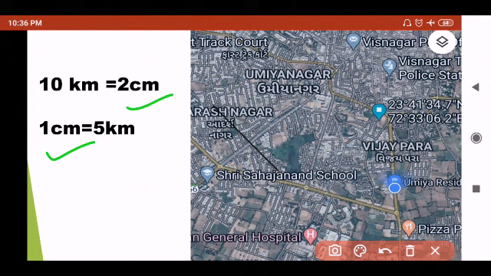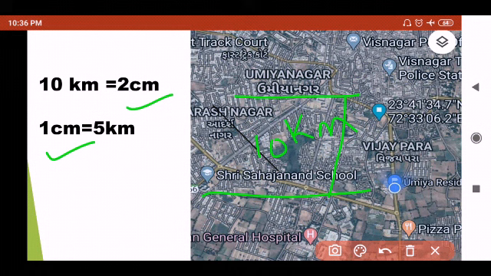Okay. Suppose for example your home is here in this Umyanagar and your school is here. So the distance from your home to the school is, suppose, 10 km. But if we want to show it on the map, at that time we will use the scale.